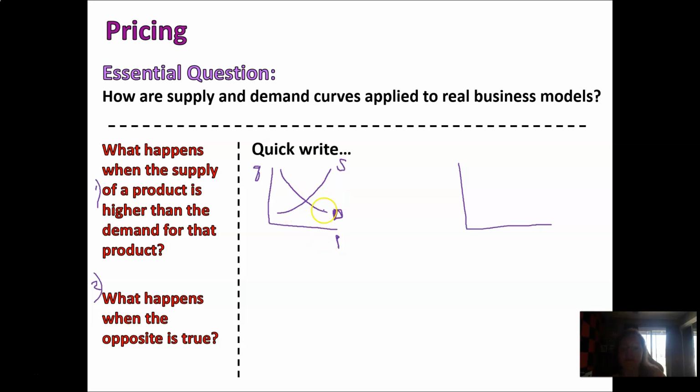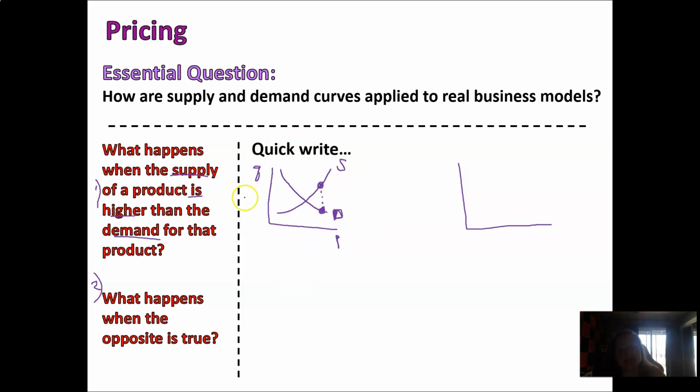Okay, so this first one is asking when the supply is higher than the demand. So that's over here, right? Because the supply graph is higher than the demand, right? The supply is higher than the demand.